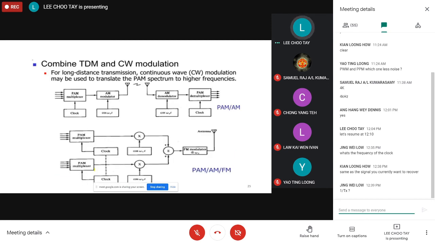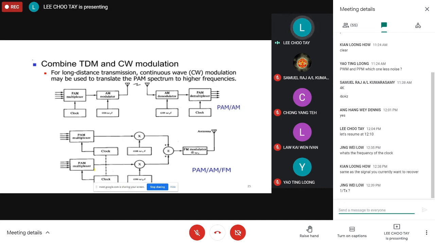Okay, this slide complicates the issue a bit. Just now I was talking about PAM signal, right? PAM signal as it is, you cannot transmit wirelessly. So therefore, it's mainly used for short distance transmission with cable only.